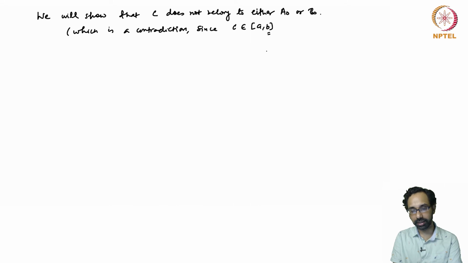Notice that b is an upper bound, so c must be less than or equal to b, and c is greater than or equal to a because a belongs to A0.